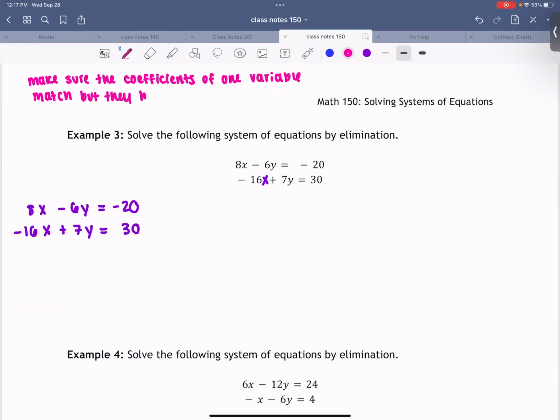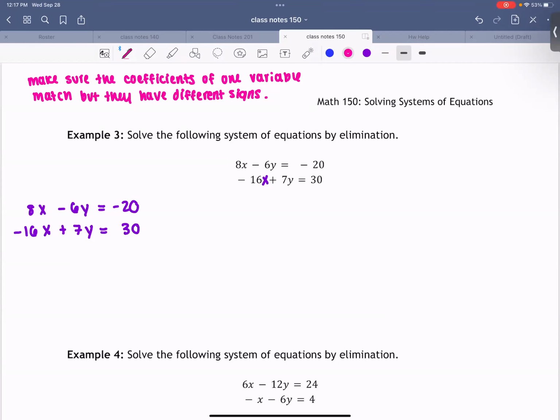I know that's kind of wordy. The way we do this is we're going to multiply everything in one equation by the same number.